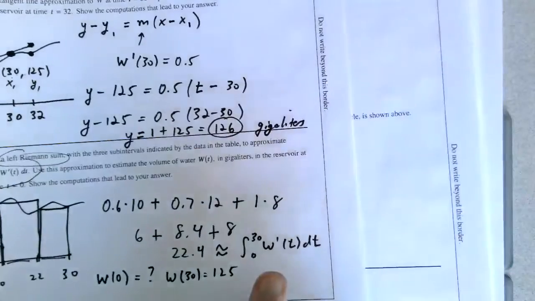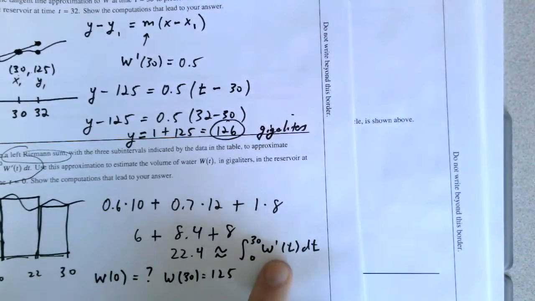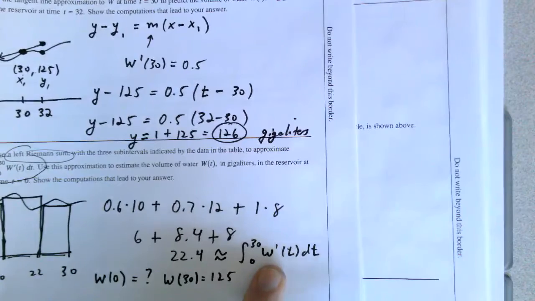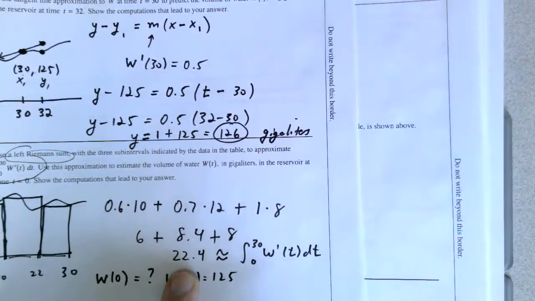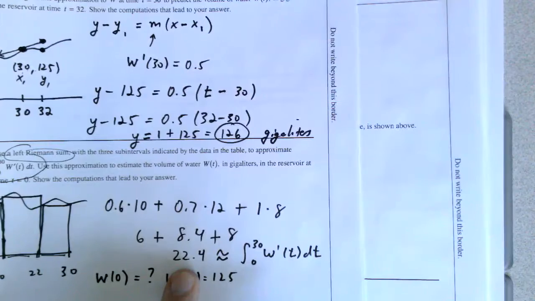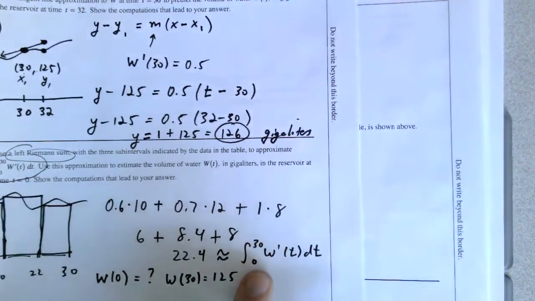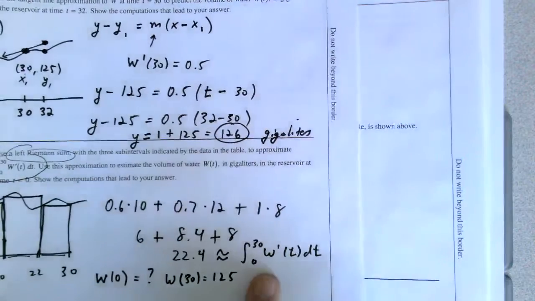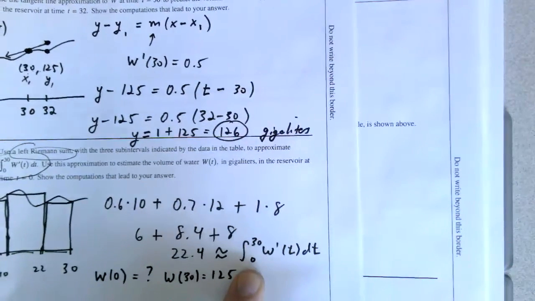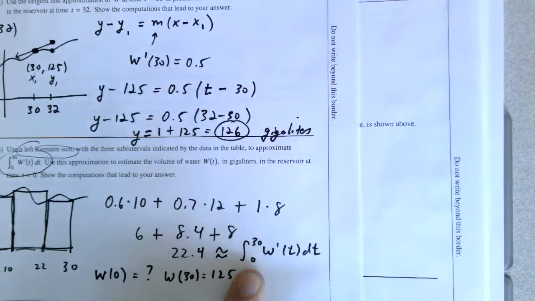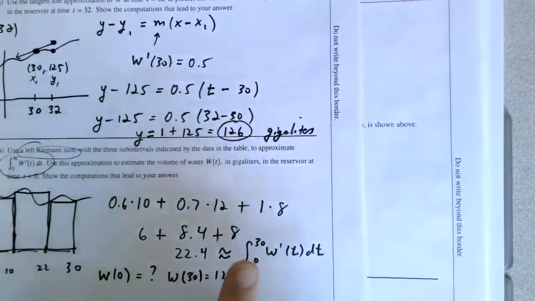Well, this figure here, what is it telling you? The integral of a derivative gives you the net change. So this 22.4 is the net change of the amount of water in the tank over this time interval. So from day 0 to day 30, the tank increases in volume by 22.4 gigaliters.